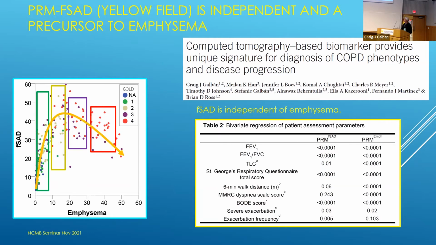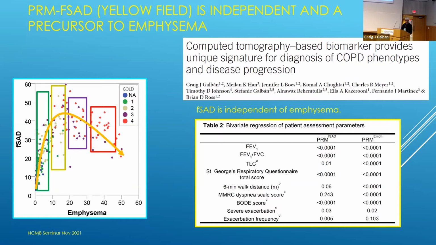So based on this data, we suggested that possibly small airways disease is a precursor to emphysema: if we know how much small airways disease somebody has, we may be able to predict the onset of that irreversible process, which is emphysema.